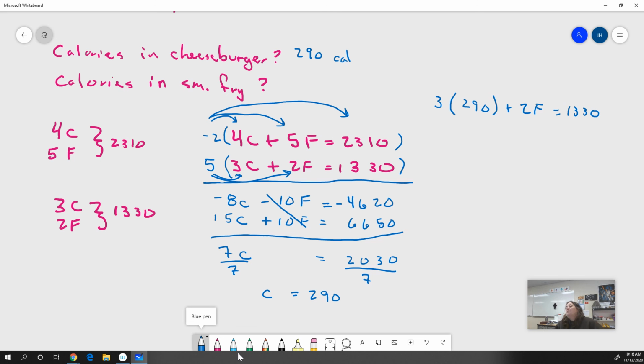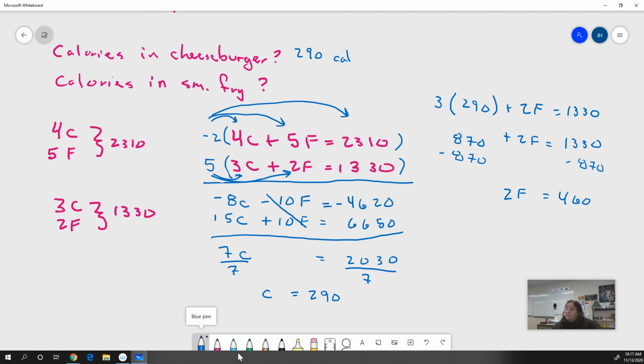And when I solve for this F, I'm going to know how many calories are in a small French fry. Now, 290 times 3 is 870, right? Plus 2F equals 1330. We're going to try and get this F by itself, so the first thing we need to do is subtract 870 from both sides. I don't know what 1330 minus 870 is off the top of my head, and I get 2F equals 460.